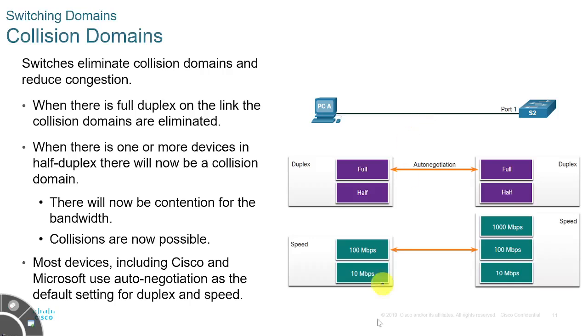However, when there are one or more devices that work in half duplex, what does this mean? It means that we will have collisions. Why? Because we are sharing.